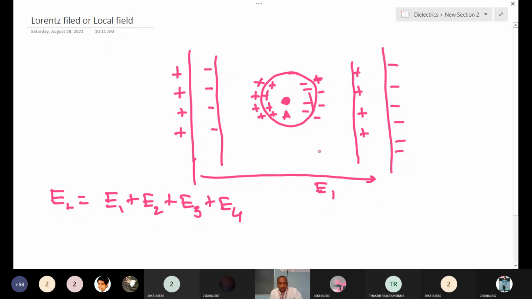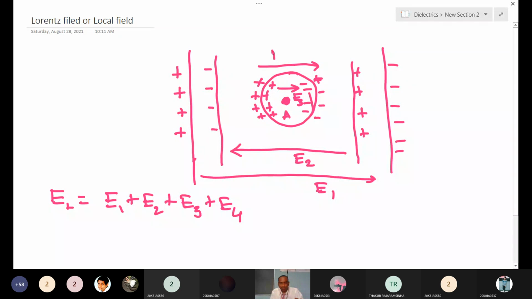The second one, E2, is due to the induced charge on the plane surface of the atom. E3 is due to the charges induced inside the atom. E4 is due to the charges induced on the outside surface of the sphere or atom.